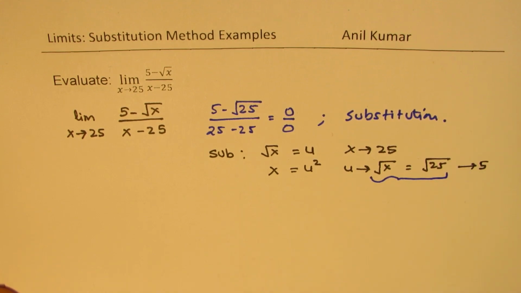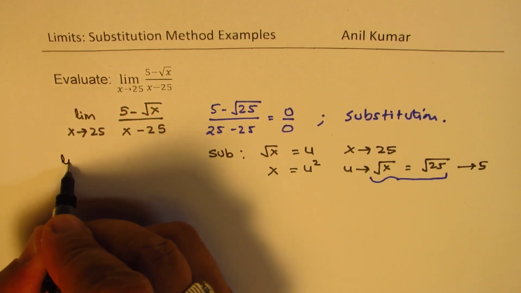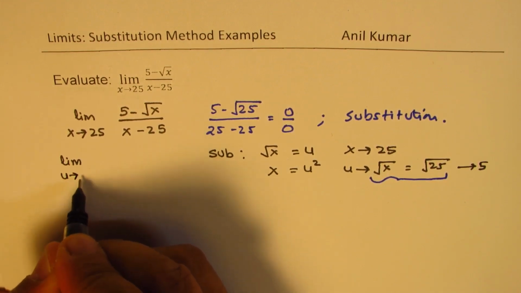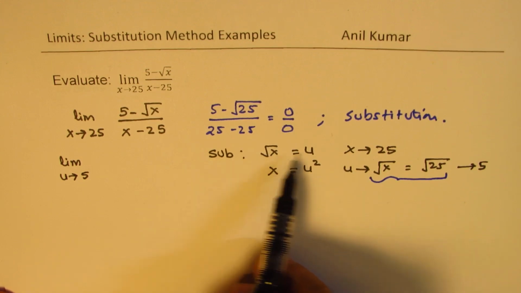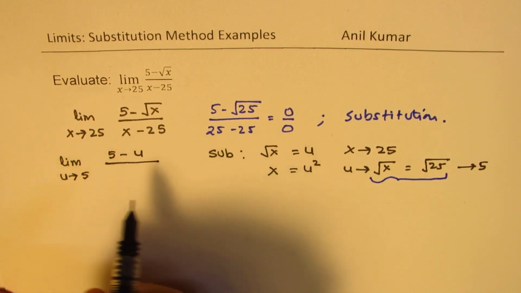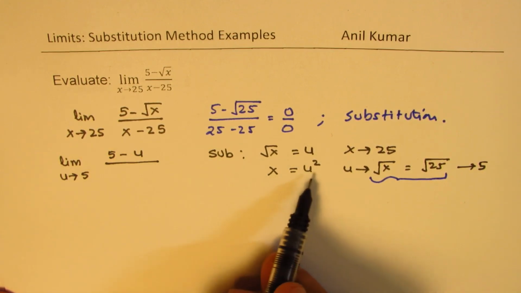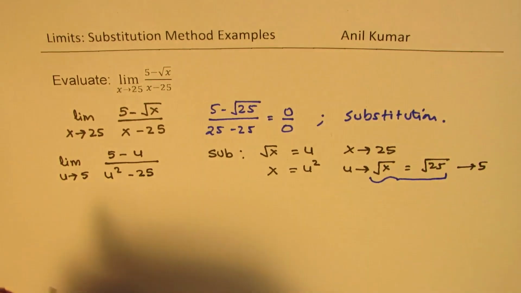Once I have done this substitution, I can rewrite my limit as the limit as u approaches 5. Substituting square root of x as u, we get 5 minus u, and here x is u squared, so we write u squared minus 25.